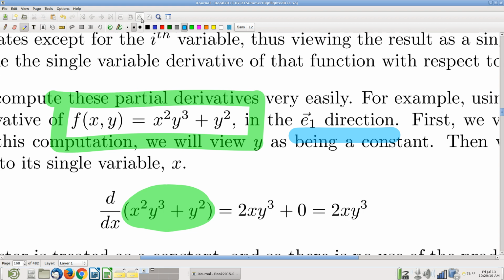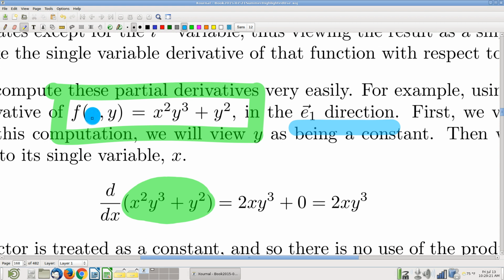So let me zoom in for focus. I'm going to view x as being the variable. I'm going to view y as being a constant because it is a constant. All this becomes constant. See, look at this. I'm moving in the e_1 direction. y doesn't change as you move in the x direction. So all that is a constant.